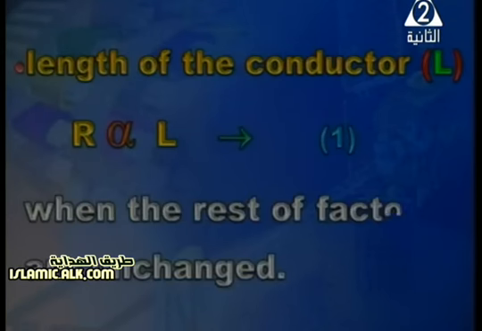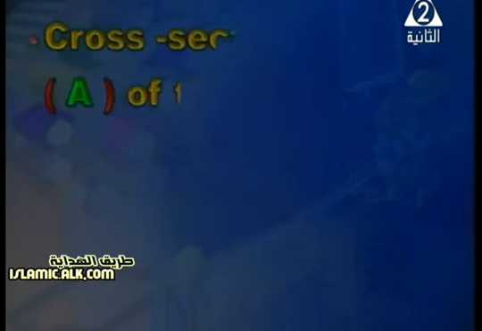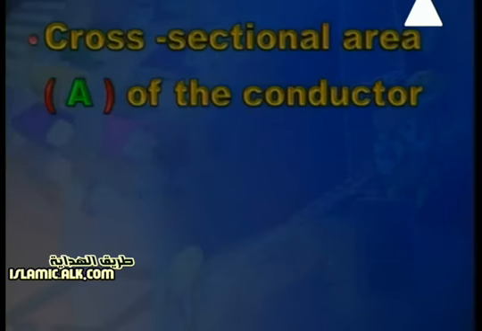From the two equations, first which is R is directly proportional to L, and R is proportional to 1 over A, so we can say R is proportional to L over A. The proportionality sign is replaced by an equality sign, so a constant appears.